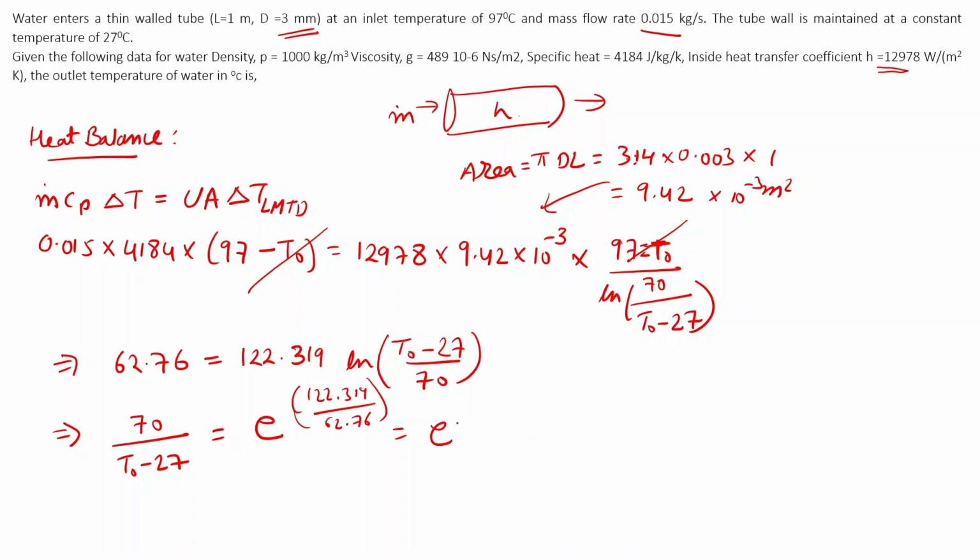That will come around as e raised to 1.949, which is equal to 7.02.